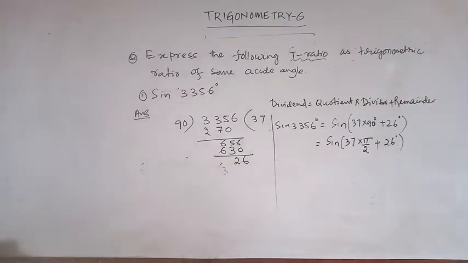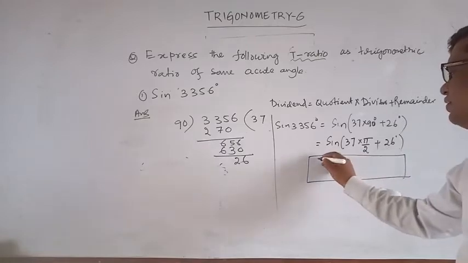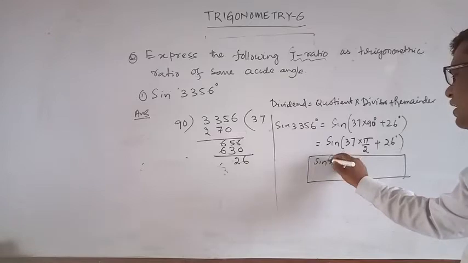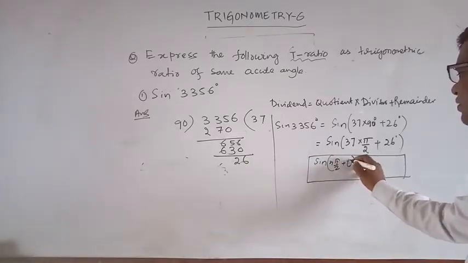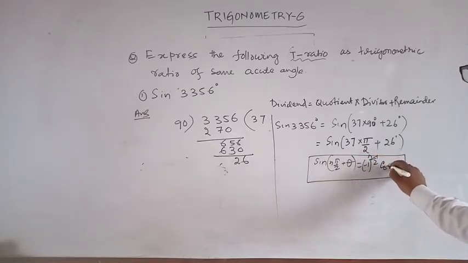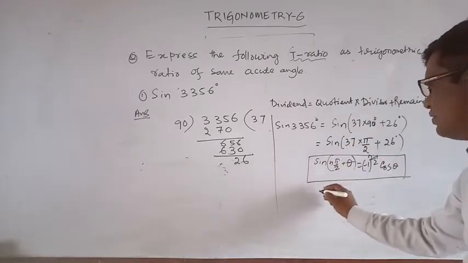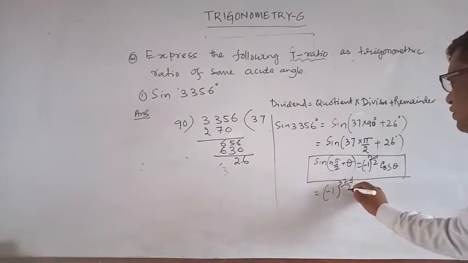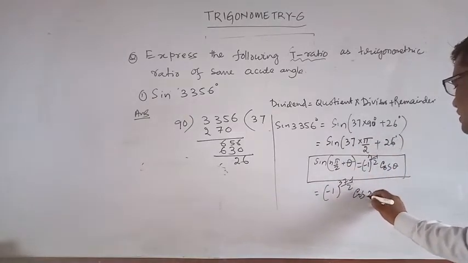So this is equal to which formula? The formula is sin of n pi by 2 plus theta is equal to minus 1 to the power n minus 1 by 2 into cos theta. So n is equal to 37. So this is minus 1 to the power 37 minus 1 by 2 into cos theta, theta is 26 here, cos 26 degree.